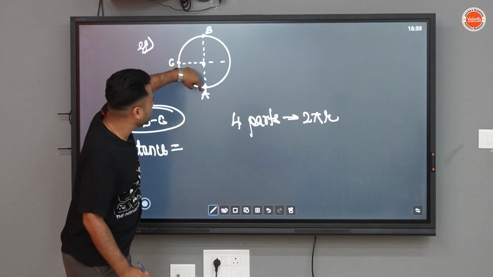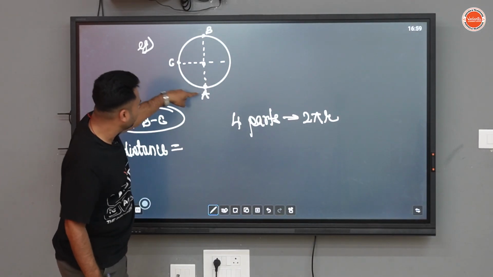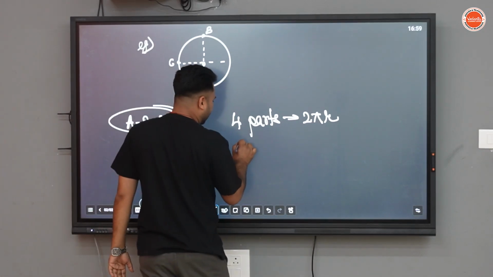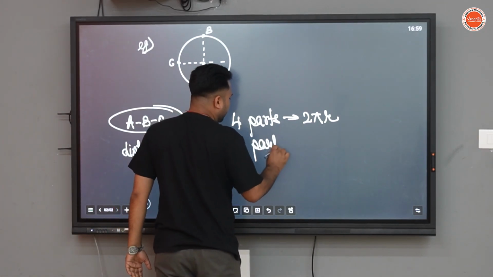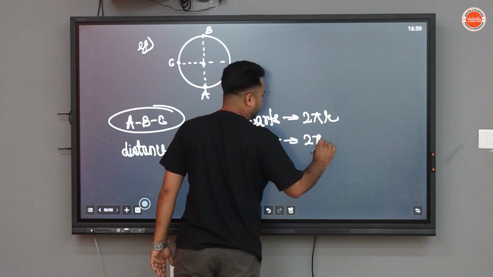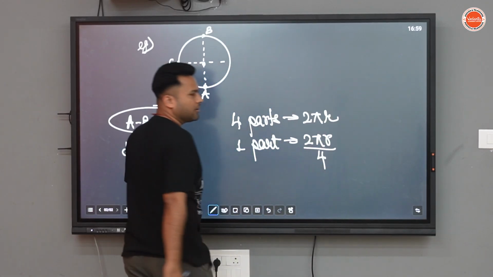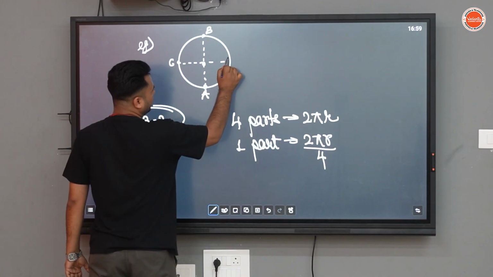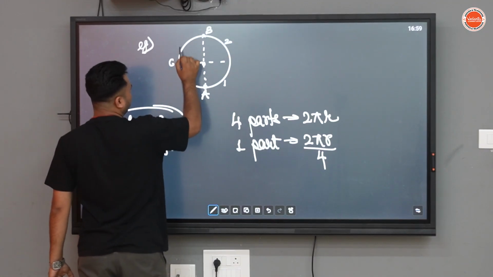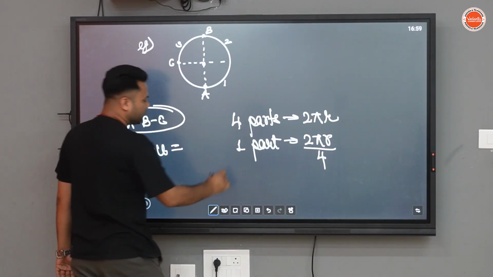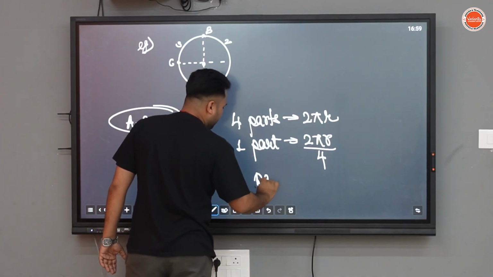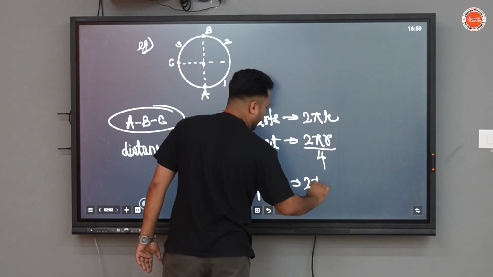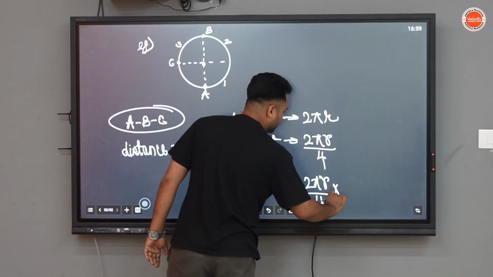This is the first part, second part, third part, fourth part. 4 parts length is 2 pi r, so 1 part length will be, by unitary method, 2 pi r by 4. But we have 3 parts. See, this is part 1 from here to here, from here to here part 2, and from here to here part 3. So 3 parts length, just multiply by 3. So 2 pi r by 4 into 3.